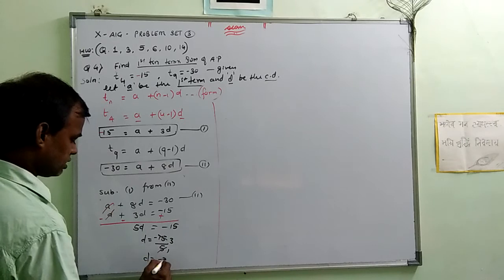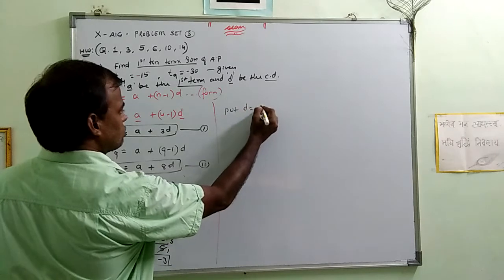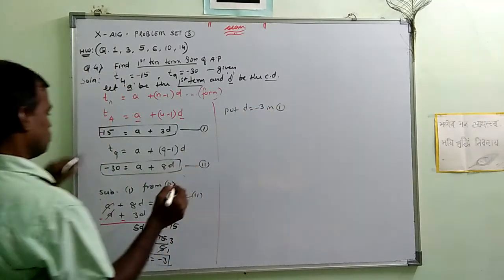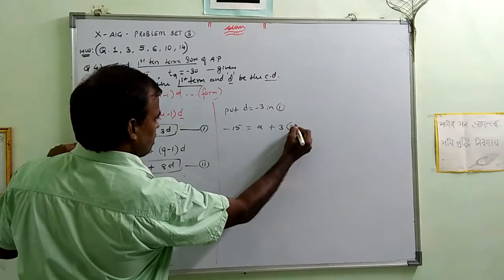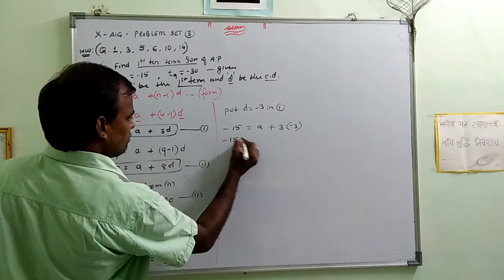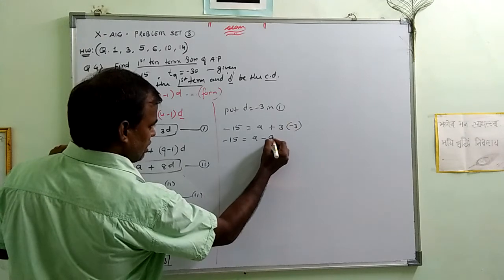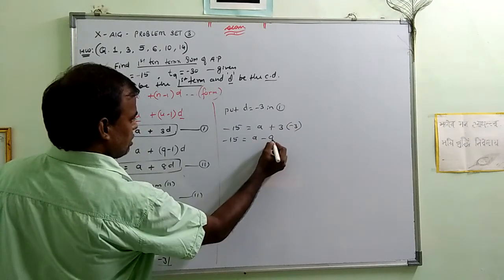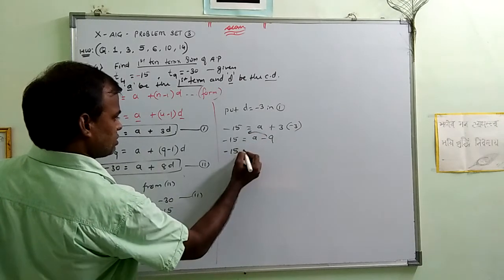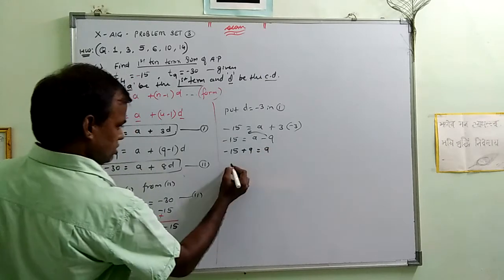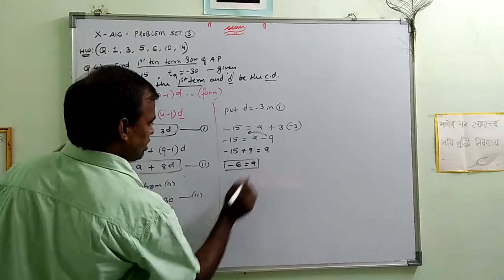So d equals to minus 3. Put d equals to minus 3 in 1. So 1 is minus 15 equals to a plus 3 into minus 3. Minus 15 equals to a plus, into minus becomes minus 9. Okay. So minus 15, this comes this side, so plus 9 equals to a. Becomes minus 6. A equals to minus 6.